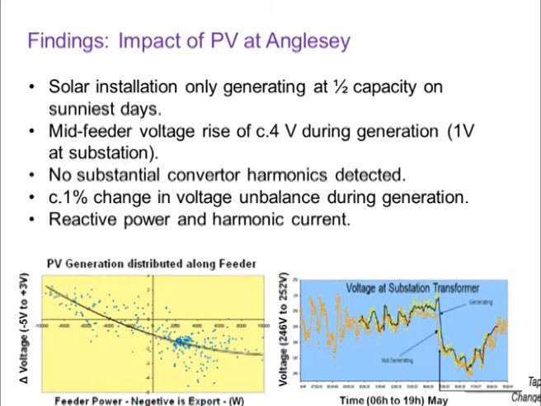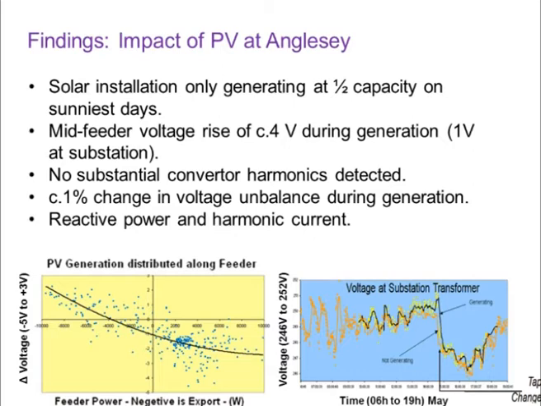There was certainly a rise in voltage across the feeder. Just 4 volts doesn't sound an awful lot, but it was working fairly near the statutory limits anyway, as is often the case. So that could be a concern, the voltage rise. 1 volt at the stiffer end at the substation. Not substantial harmonic detection.